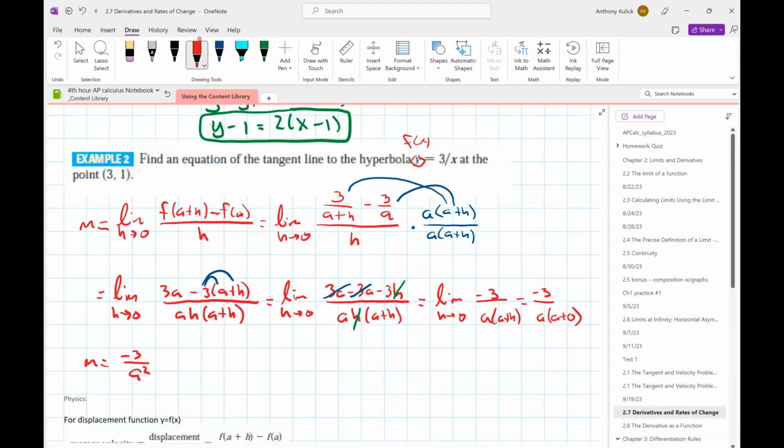And what is my a in this case? So that's my slope.